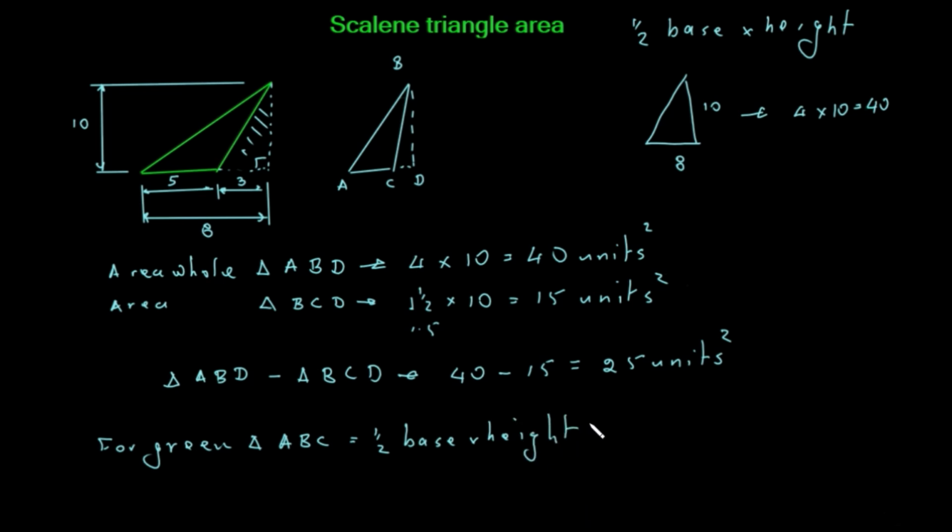Let's see if we get the same answer, shall we? Half the base there is 5, so half the base is 2.5, times the height, which is 10. Now 2.5 times 10 is 25. Look at that.